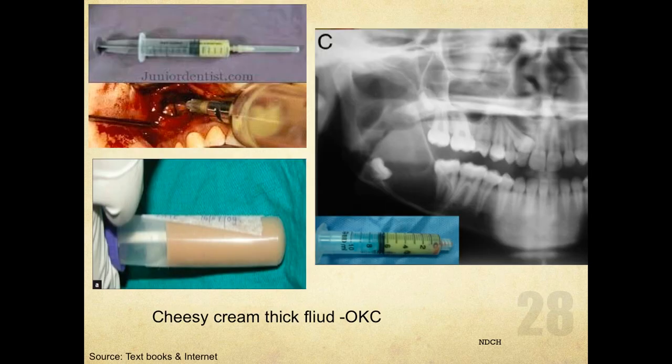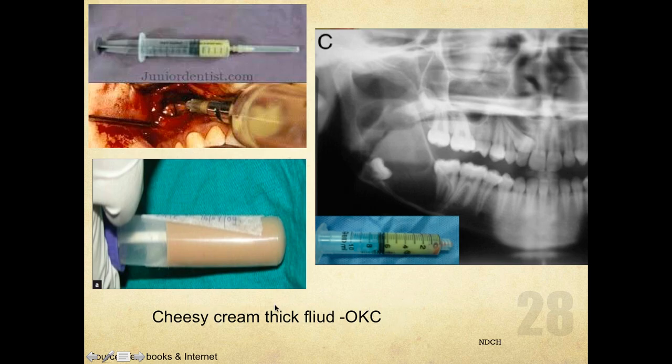Once you aspirate the fluid, examination of the aspirate can again give clues to which type of cyst it could be. Suppose you find a cheesy, cream-colored thick fluid on aspiration.